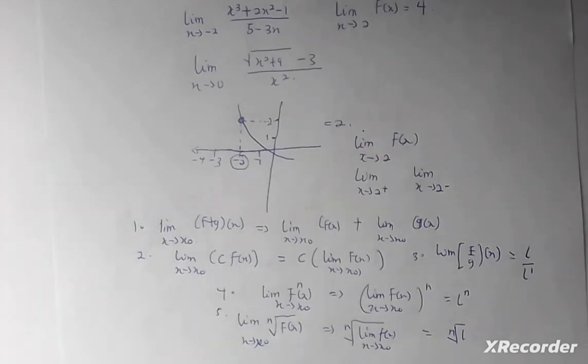You put the square root out and you find the limit inside. That is the basic properties of limits.